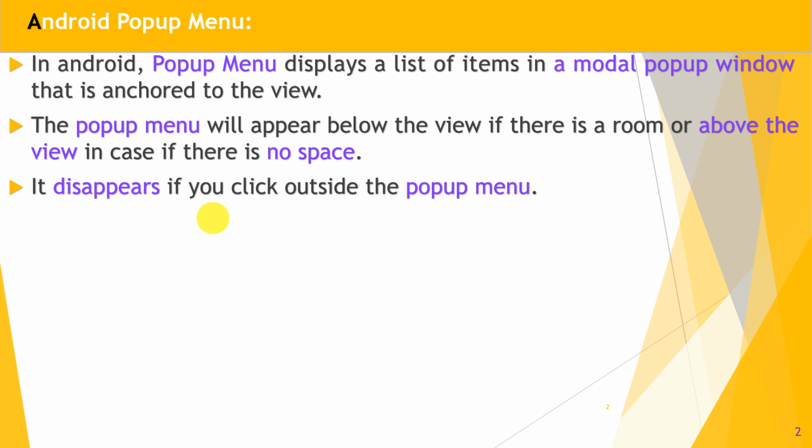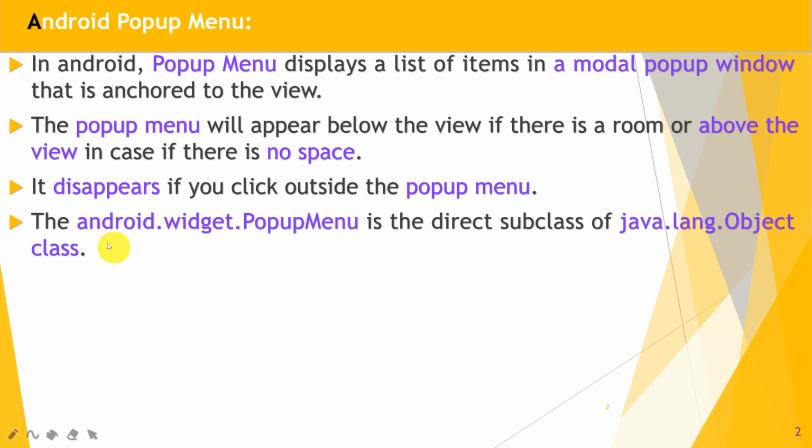Great. So in android.widget.PopupMenu, this is the hierarchy of the pop-up menu. Android and widget are package names, and inside that the PopupMenu class is present. It's a direct subclass of the java.lang.Object class. Great.